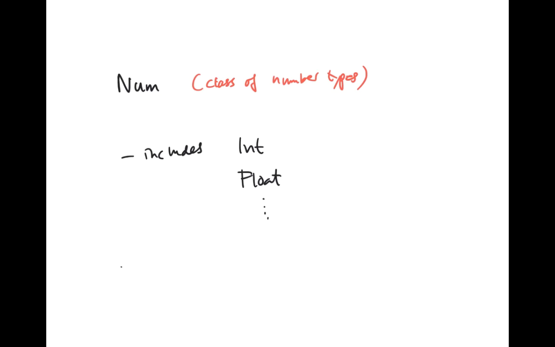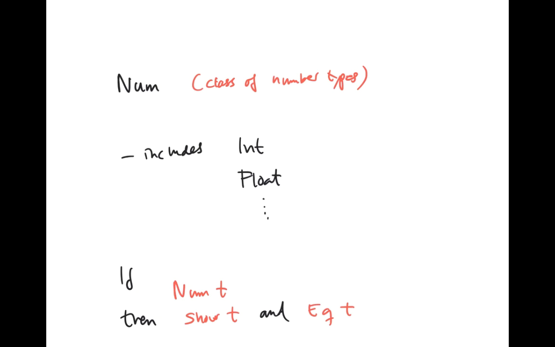Well, if t is in the class Num, we write Num t, then we also have that t is in the class Show and t is in the class Eq. So all number types can be displayed and can be compared with respect to equality.